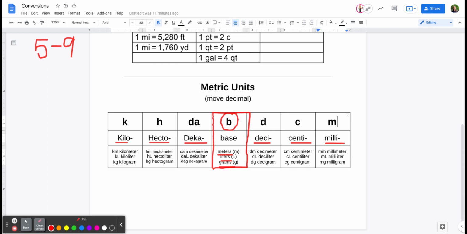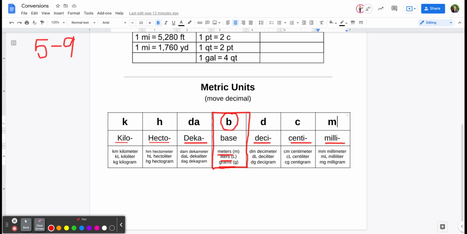Hectometer, hectoliter, hectogram. Decameter, decaliter, decagram. Decimeter, deciliter, decigram. Centimeter, centiliter, centigram. Millimeter, milliliter, milligram. Okay, so you should notice a pattern there, that there are different prefixes for each of those root words.